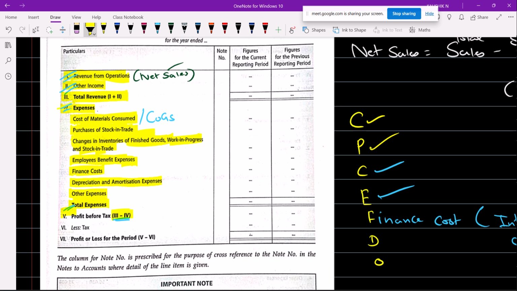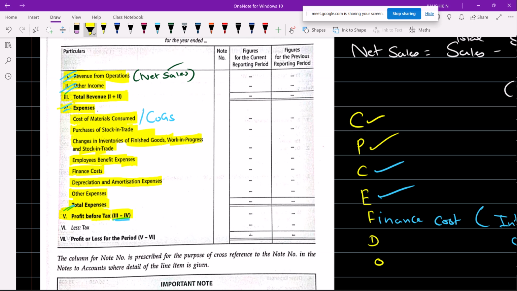So we'll declare it as profit before tax. If you're getting a profit, then we declare it as profit before tax, because only if the firm or the business unit earns profit, they are subject to pay something called tax. If you have earned the profit, you'll pay tax. If you have not earned the profit, you will not be asked to pay taxes.